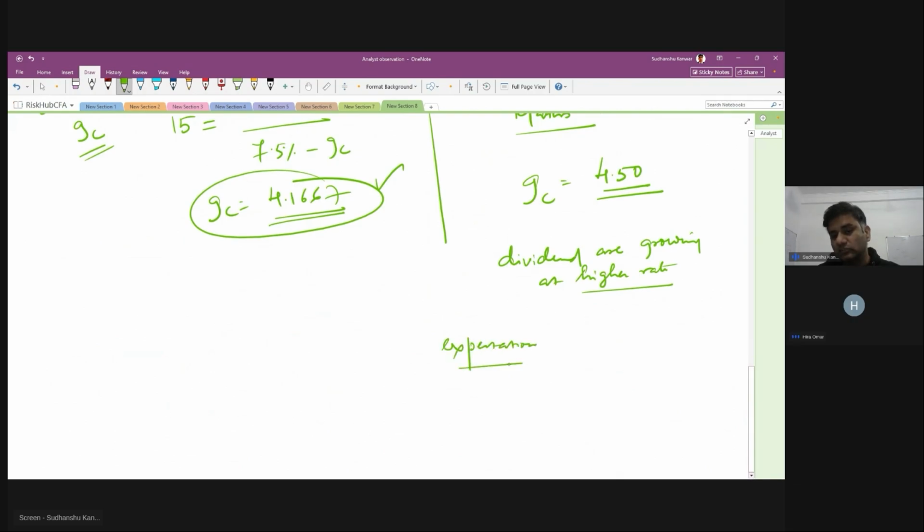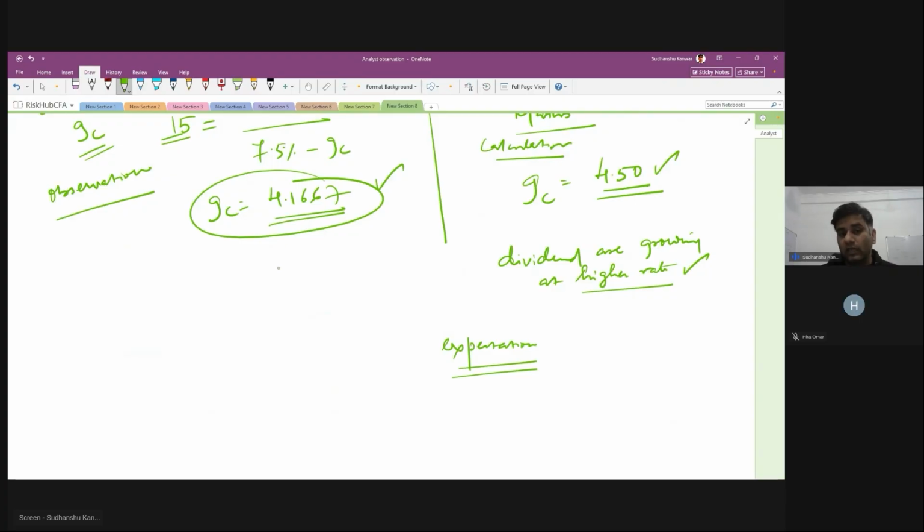If somebody tells you that the dividends are growing at a higher rate, if you observe your data, you are observing it. Your observation says this much, your calculation says this much, right? So your math says this much, so you obviously believe the calculation.